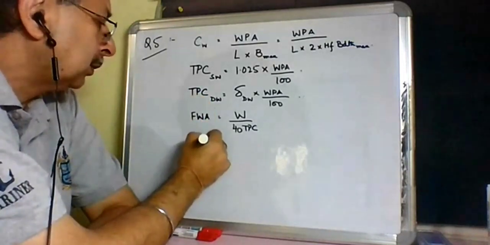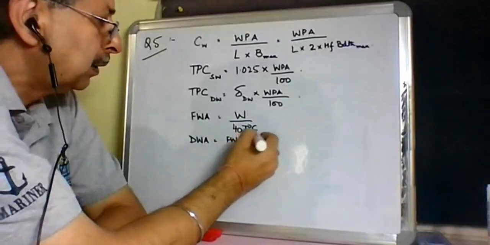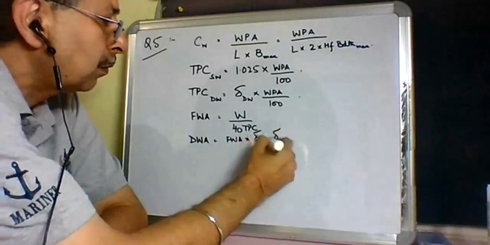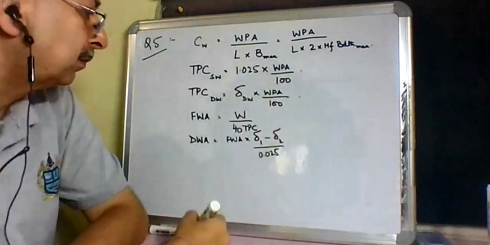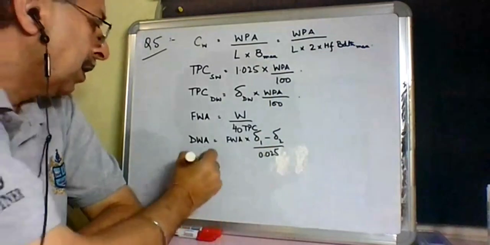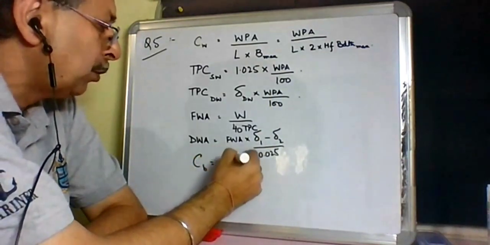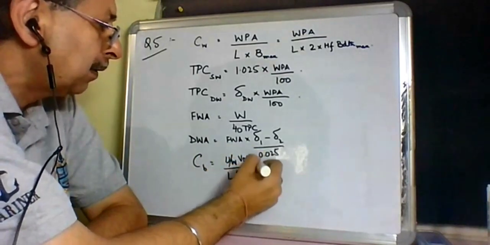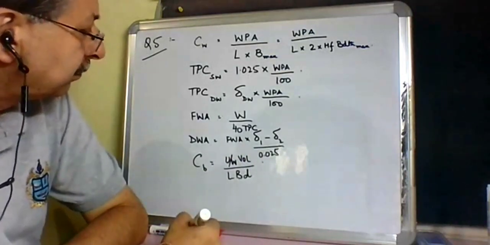Then dock water allowance is fresh water allowance into the difference of the two densities, over 0.025. That is dock water allowance for you. CB is underwater volume divided by LBD, length into breadth into draft.